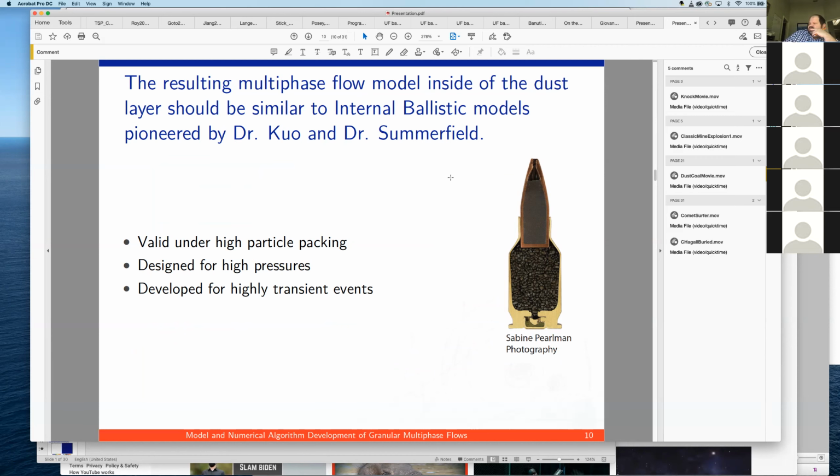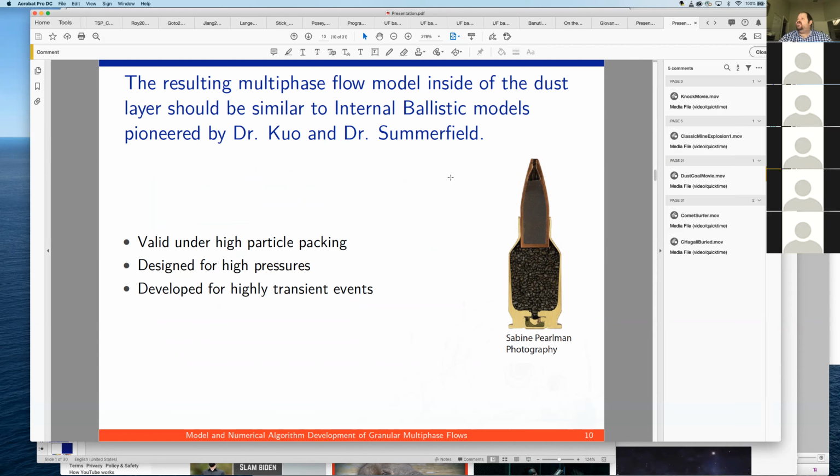And so the starting point for this multi-phase model was internal gun ballistics. These were basically models for internal gun ballistics that were pioneered by Dr. Coe and Dr. Summerfield. Oh, and this presentation was to honor the life of Ken Coe, who passed away a few months before we gave this talk.